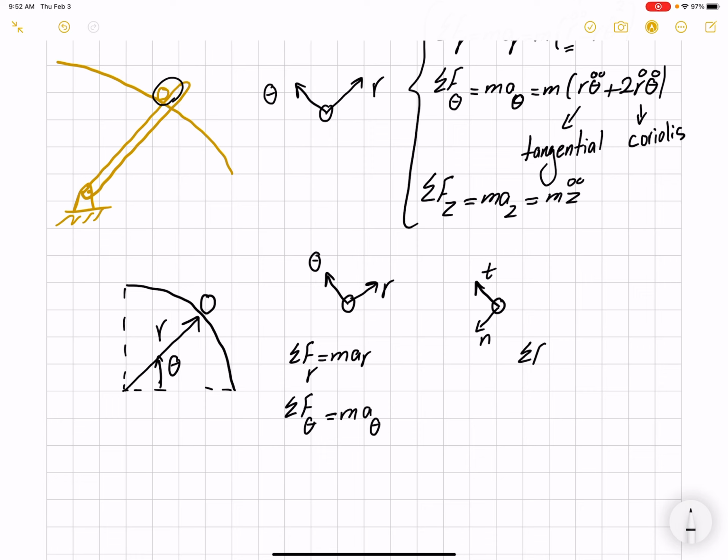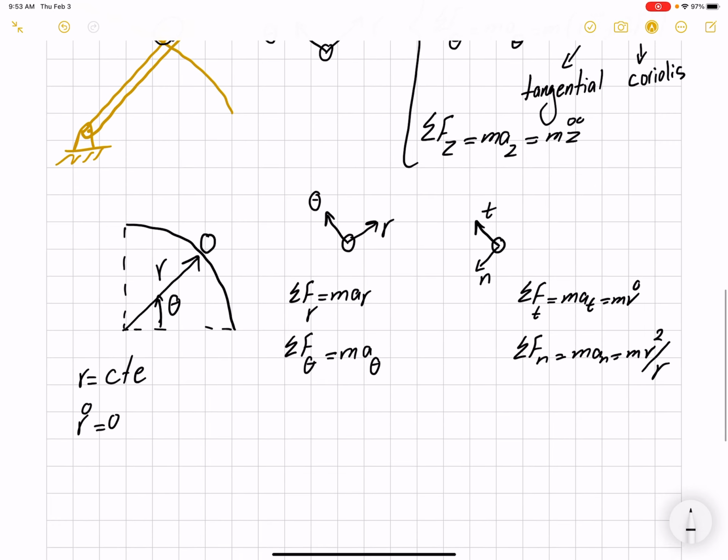And here m a_t, which is m v dot, and the other, normal, m a_n, m v squared over r. So we are saying r here is constant, which means that r dot is 0 and r double dot is 0.